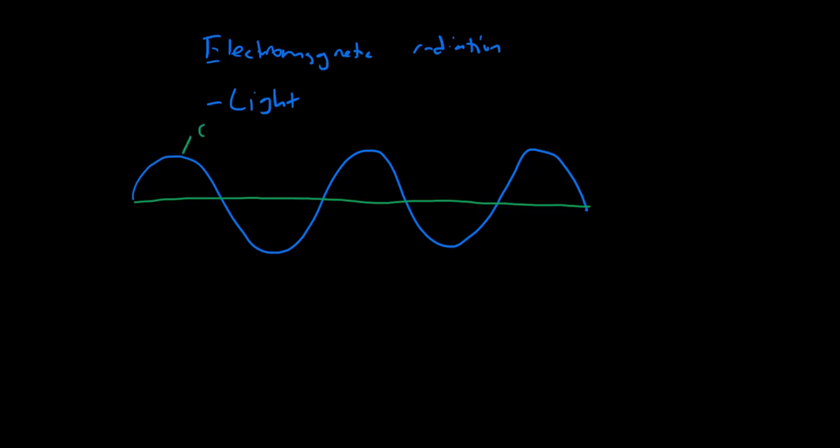This is going to be the crest. This is also a crest. This is a crest. This is going to be a trough. This is another trough. And the amplitude is the distance from a crest to a midline or a trough to a midline.